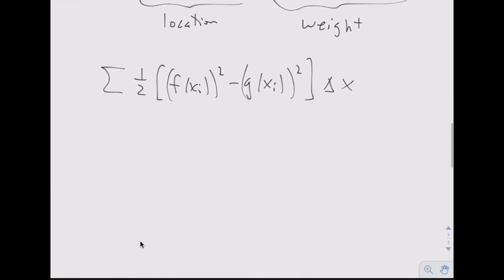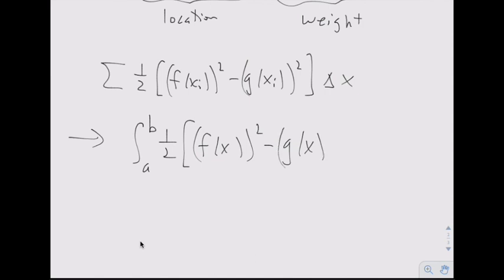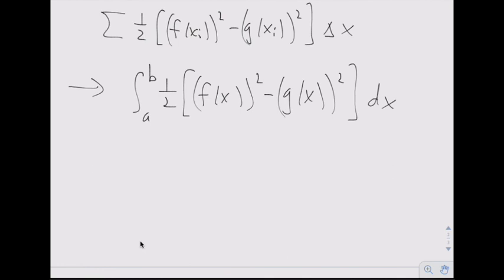As I take the limit as delta x goes to 0, this becomes an integral from a to b of 1/2 times the quantity f of x squared minus g of x squared dx. I don't need the sub i's anymore because I'm taking the integral. And that's just the numerator portion.